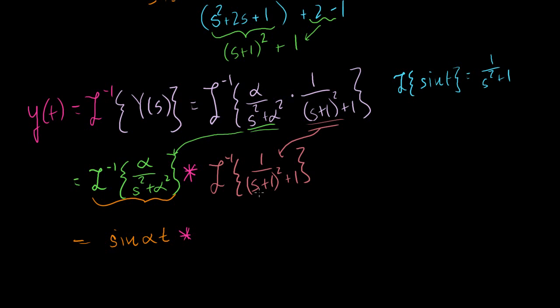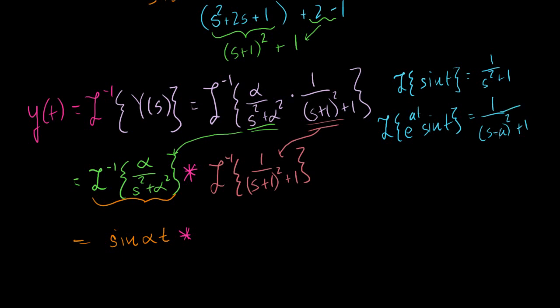That looks like this, but it was shifted. It was shifted by minus 1. You might remember that the Laplace transform of e to the at sine of t, when you multiply e to the at times anything, you're shifting its Laplace transform. So that will be equal to 1 over s minus a squared plus 1.